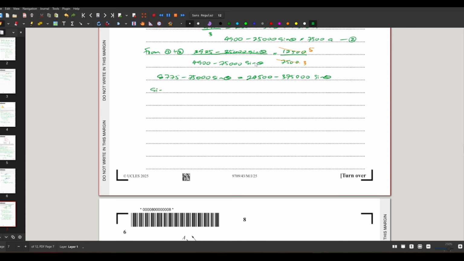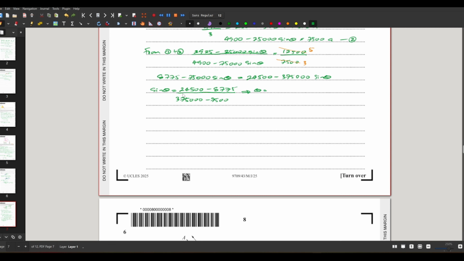So from this one, sine theta equals to, you can bring 8,775 to the right and 375,000 sine theta the other side. Okay, and so you will have 24,500 minus 8,775 divide by 375,000 minus 75,000.